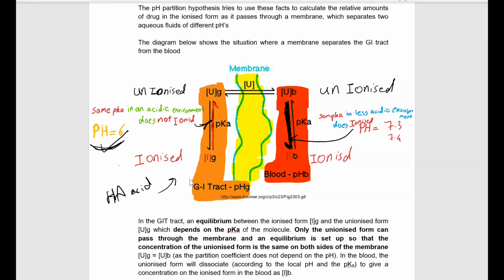So your whole acid molecule wants to dissociate. Some of them will dissociate and produce ionized molecules, and some of them don't ionize.